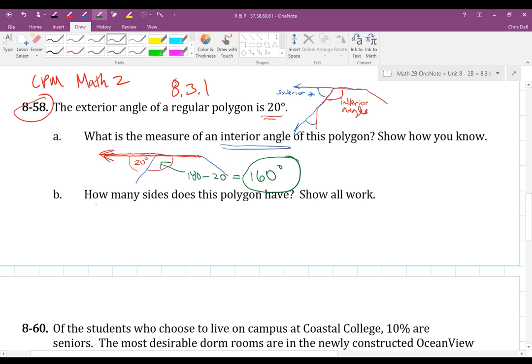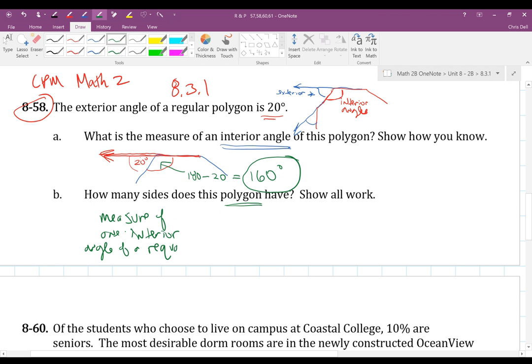Now, ask this question: how many sides does this polygon have? Well, remember there's a way to figure out the measure of one interior angle of a regular polygon.